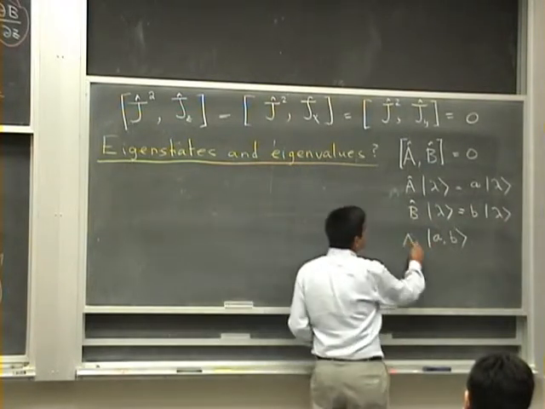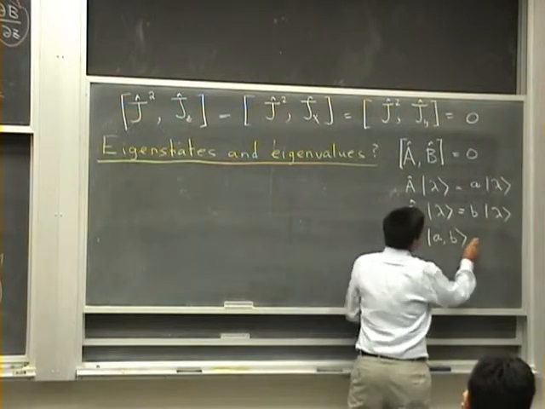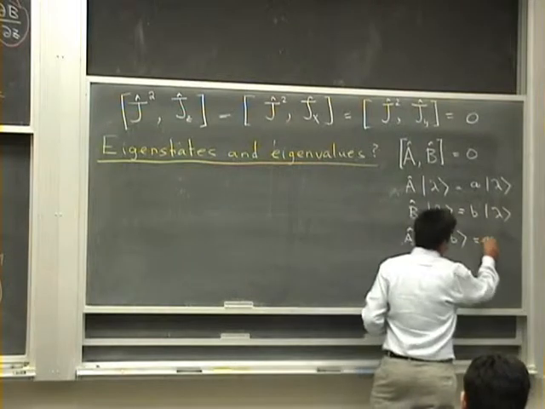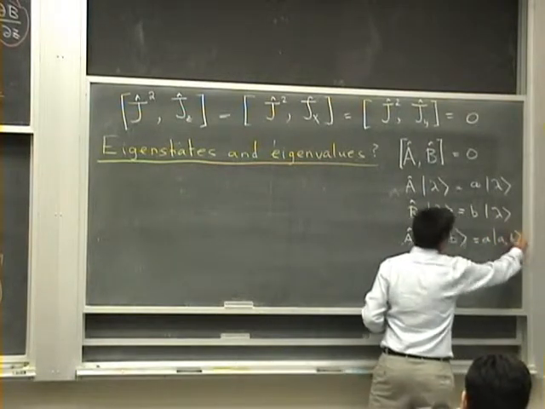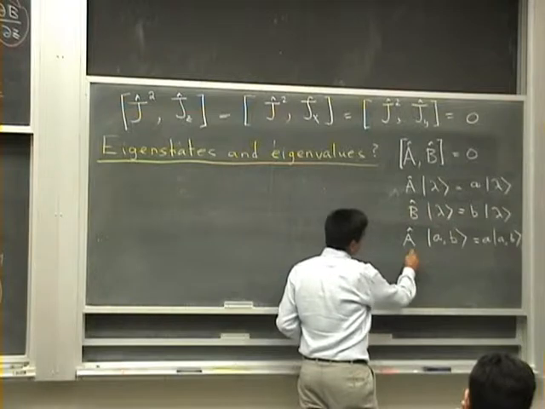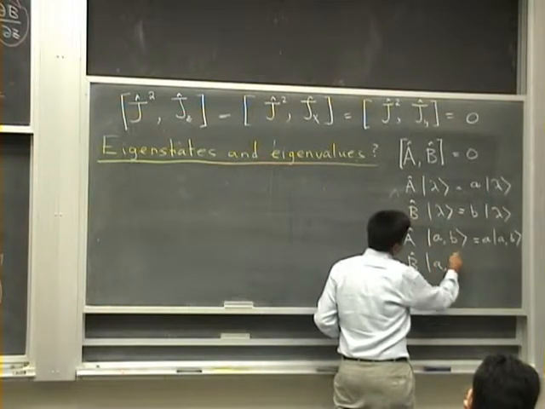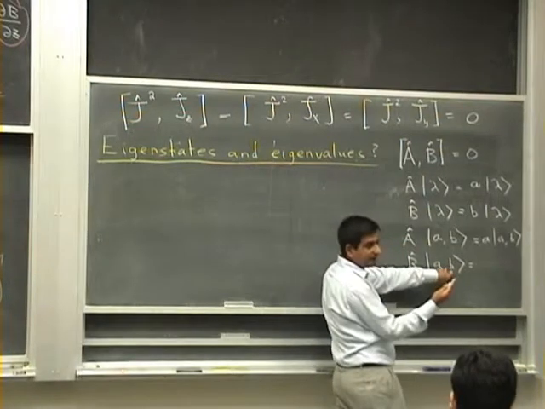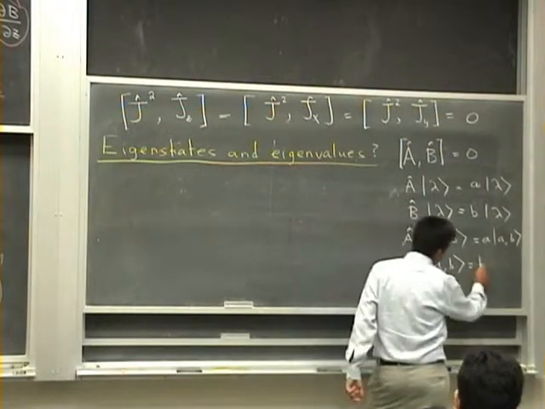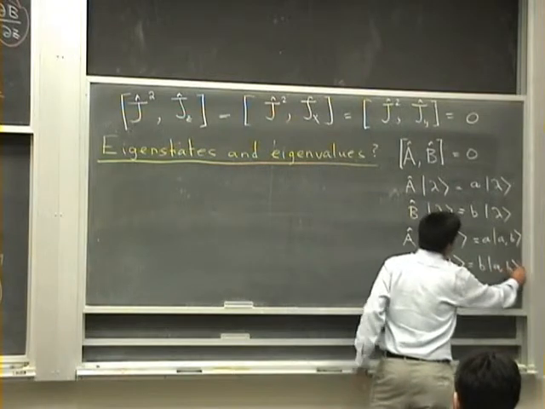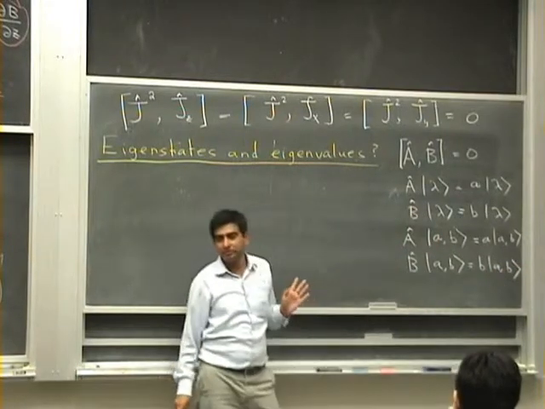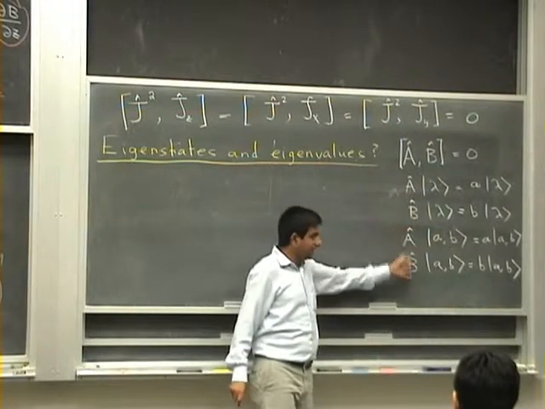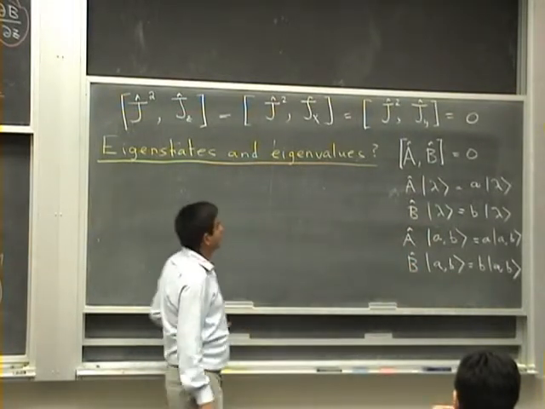So if A acts on this, I get the eigenvalue in the first position, and if B acts on this eigenstate, a comma b, I get the label that I've written in the second position. Right? So it's just notation, nothing to worry about. ठीक है? अब ये जो लेबलिंग स्कीम है उसको जरा इस्तेमाल करने की कोशिश करते हैं.